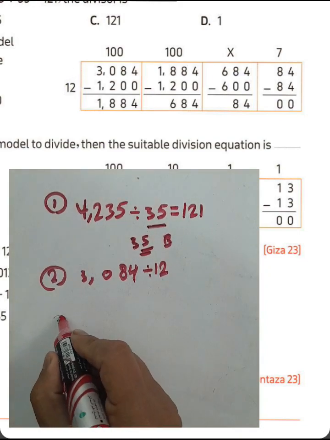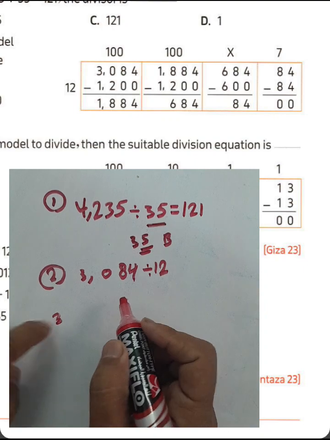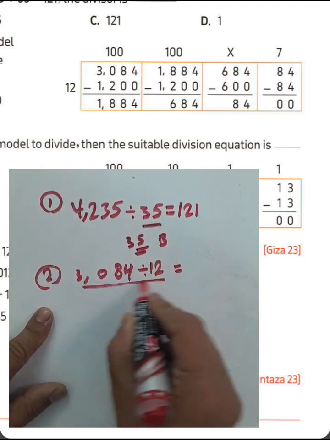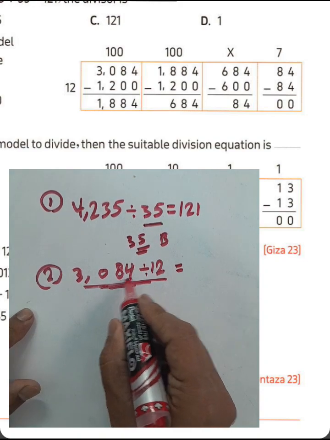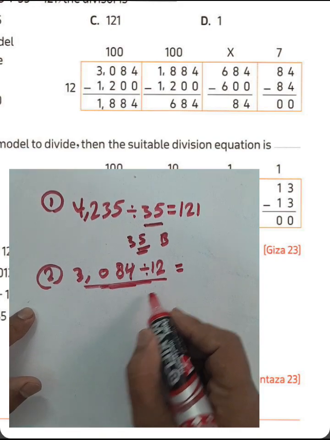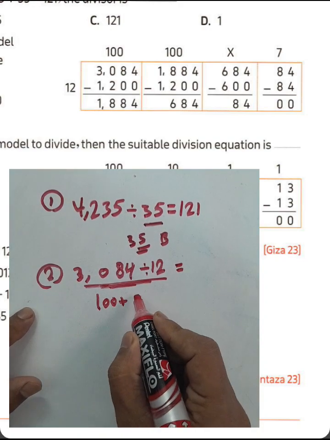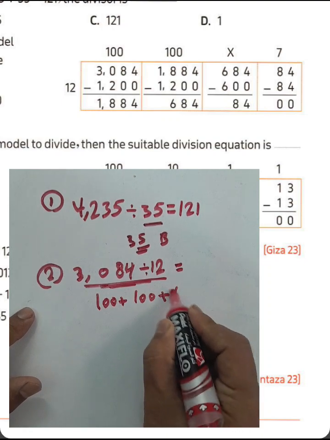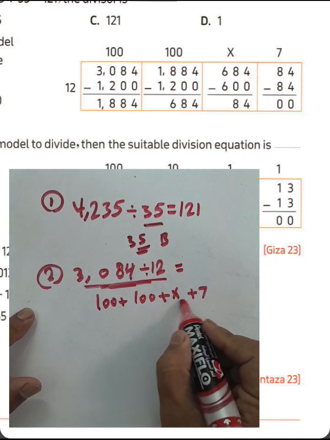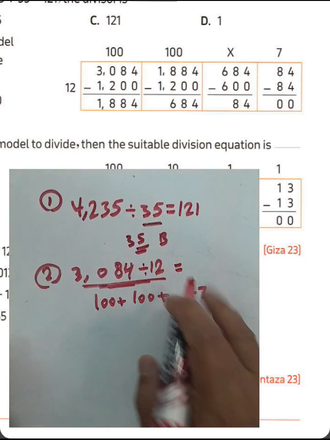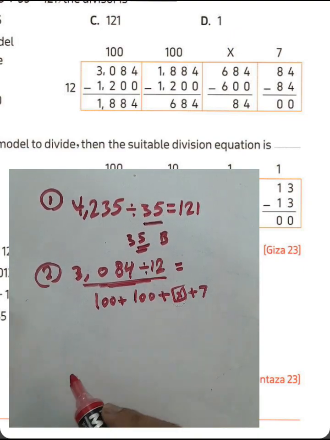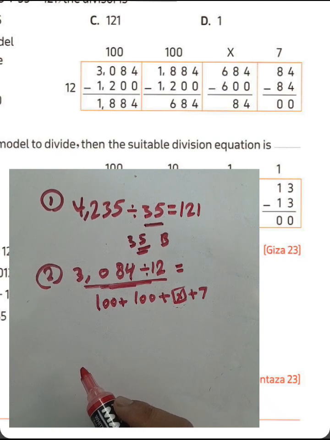For question number 2, we have 3084 divided by 12. The result will be 100 plus 100 plus x plus 7. We want to find the value of x. To find this unknown, you must divide 600 by 12.